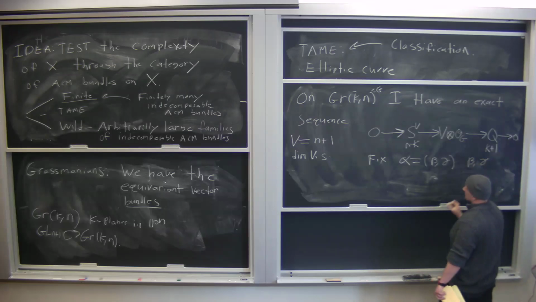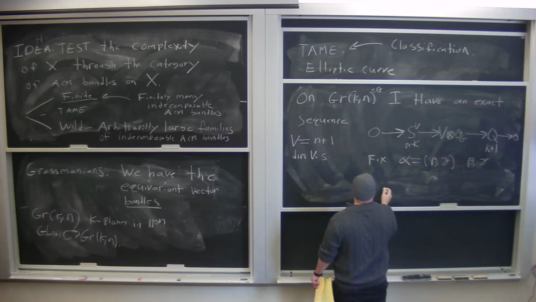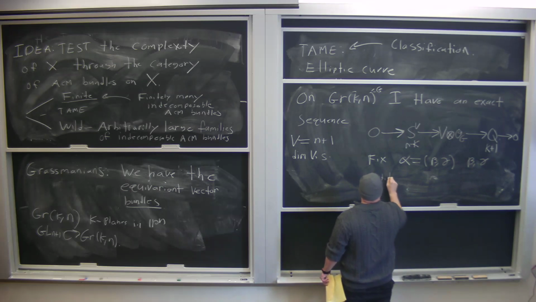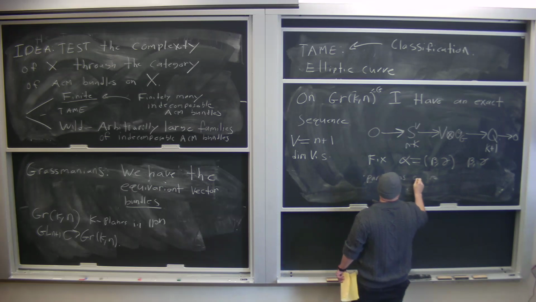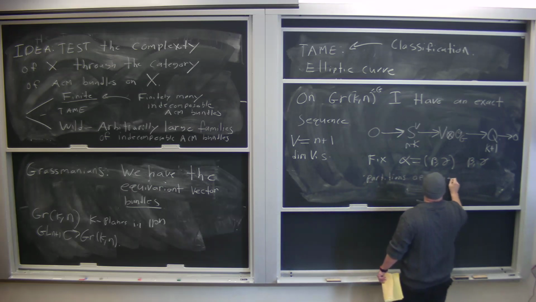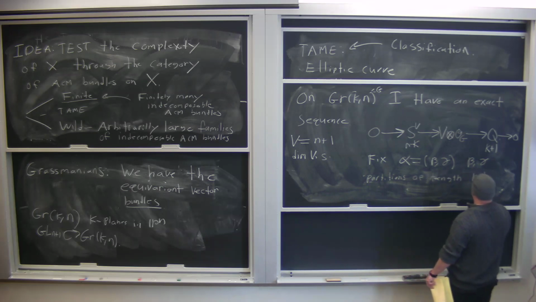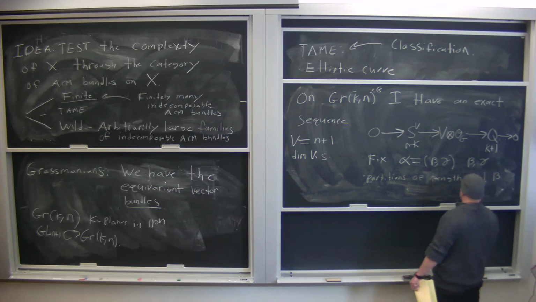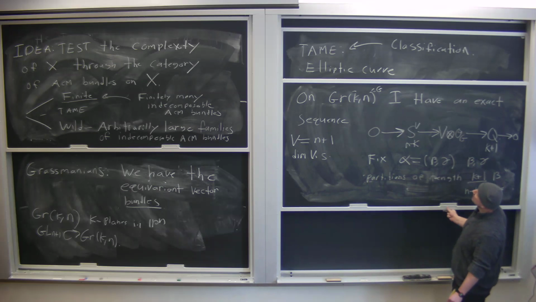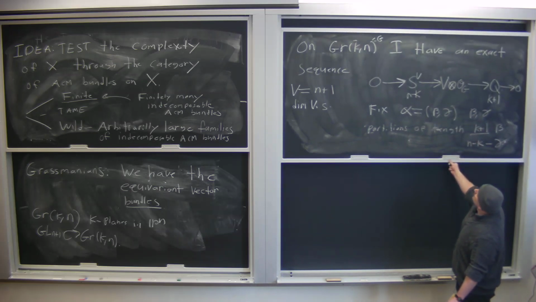We'll take beta, gamma, partitions of length K+1. So this is beta, and N minus K. So this is gamma.